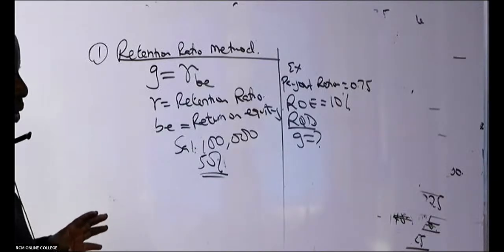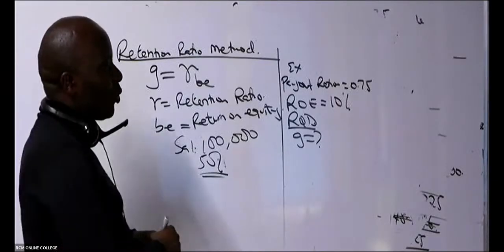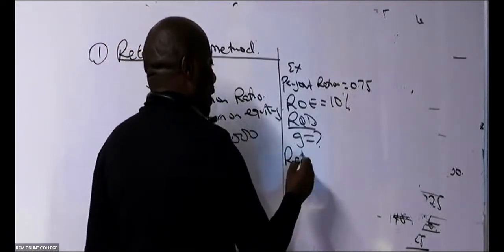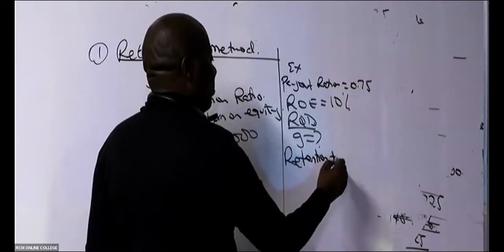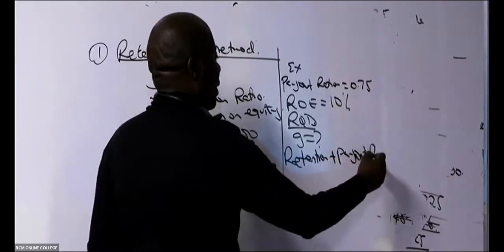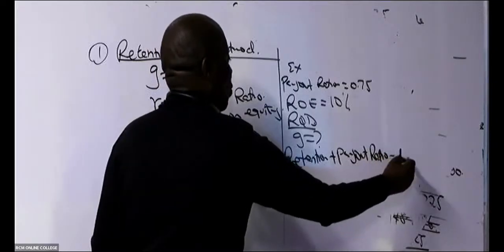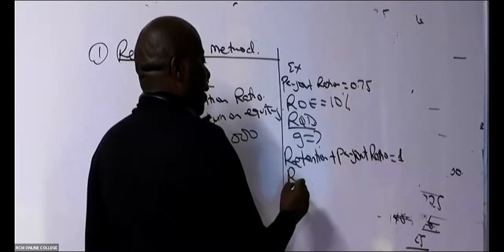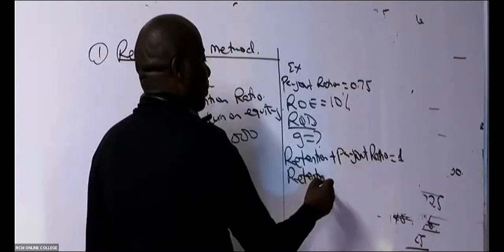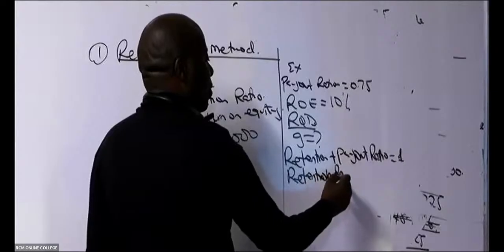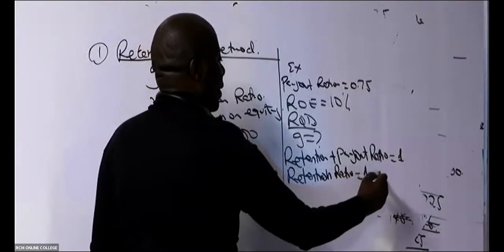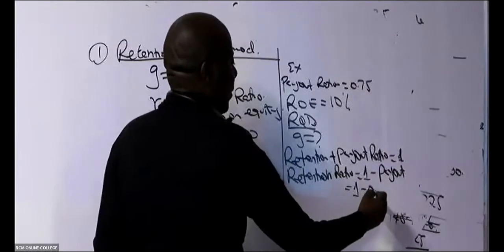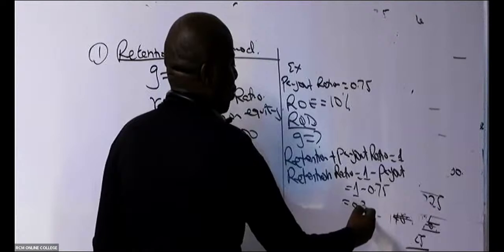Please remember that the payout ratio and retention ratio must always add up to 1. Now that they have given you the payout ratio, the retention ratio will be 1 minus payout. So 1 minus 0.75 gives you 0.25.